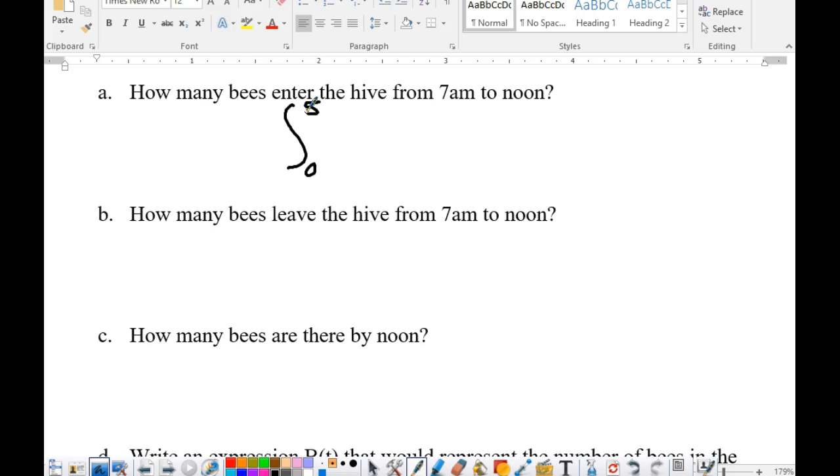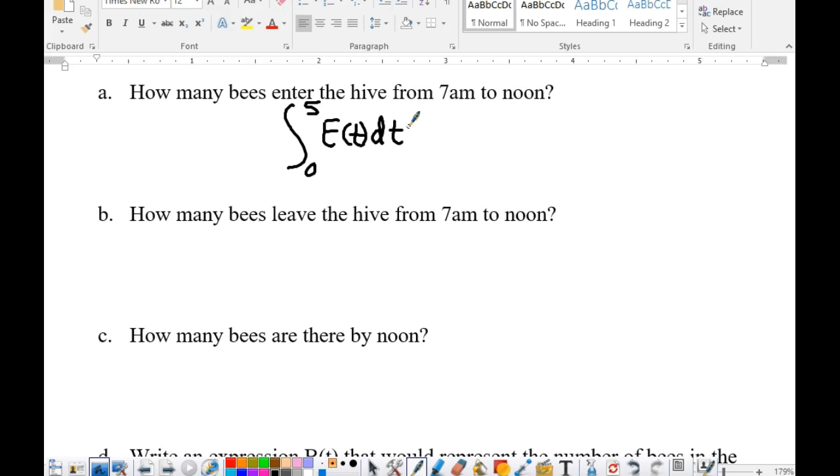Just E, right? They don't care about leaving. Now, that doesn't mean that a bee wouldn't have gone in and come out. Maybe even the same bee went back again, but that would actually count for 2 entries, right? So they don't care about leaving. They just want to see how many entries happen. So we're going to be integrating just the E function. Okay? That's it.